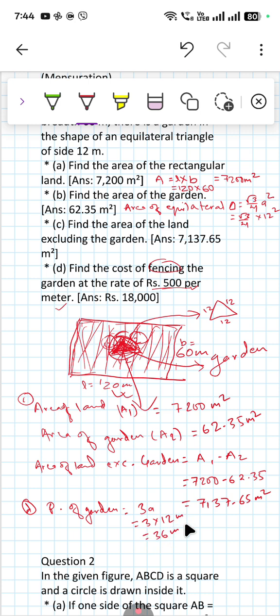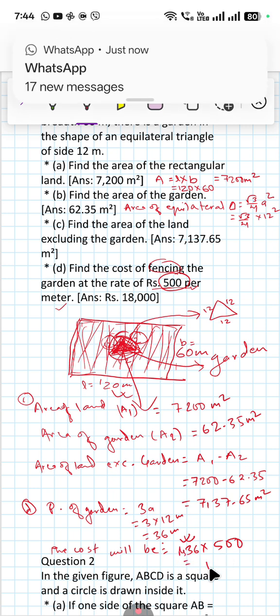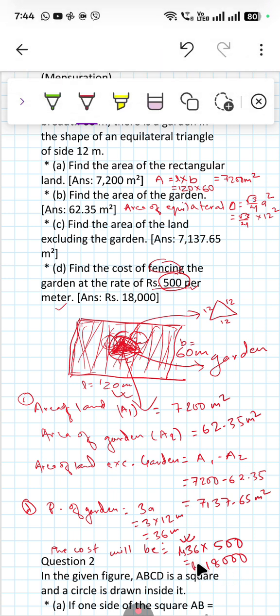So 36 meter is the perimeter, and when you multiply this 36 with 500, the cost will come. For per meter it is rupees 500, so it's 36 into 500, that is 18,000. So this is the answer for question number D.